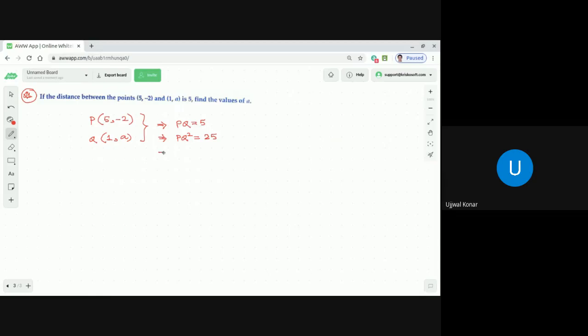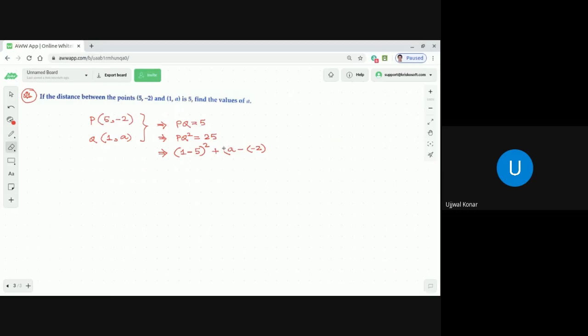Now what is PQ square? PQ square is equal to the difference of the x coordinates, that means x coordinate of the point Q, that is 1, minus x coordinate of the point P, that is 5, whole square, plus y coordinate of the point Q, that is A, minus of minus 2, because the y coordinate of the point P is minus 2.